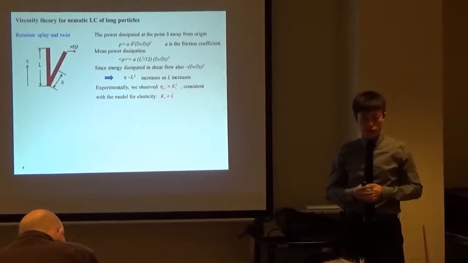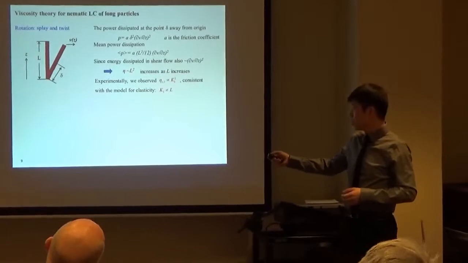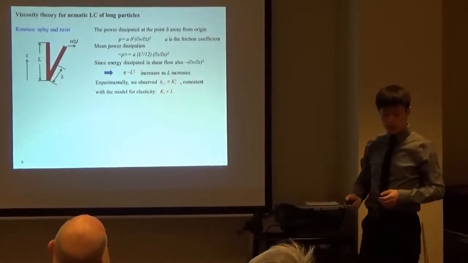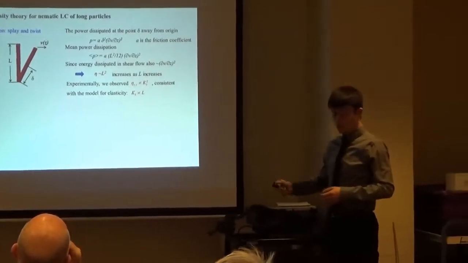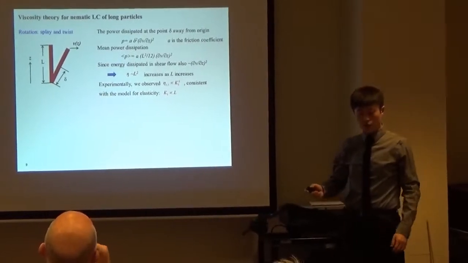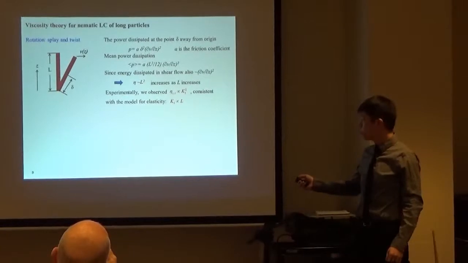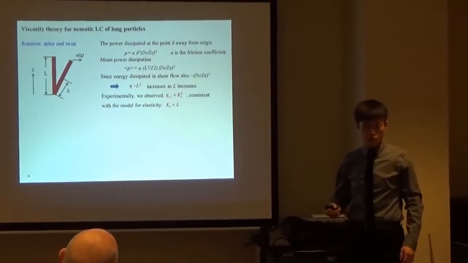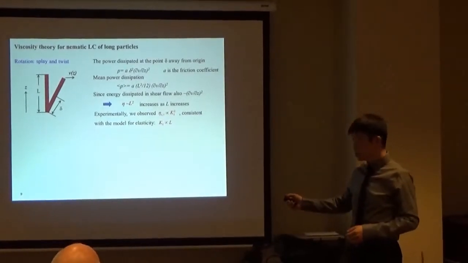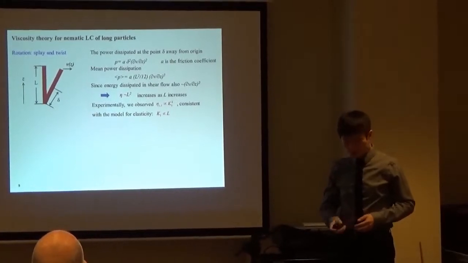And the energy dissipated by rotating a rod of length L in the flow field is actually proportional to the length squared. So if you look at the PowerPoint slide carefully, the exponential component for K1 is 0.2, but for eta splay and twist is 0.4. That confirms this theory that eta for splay and twist is proportional to the length squared.